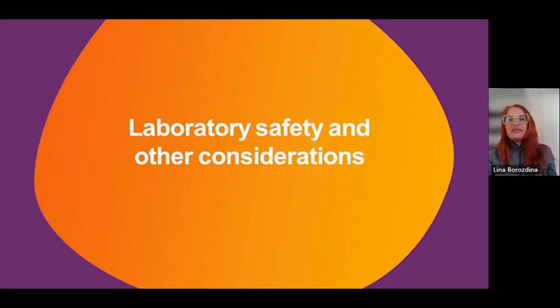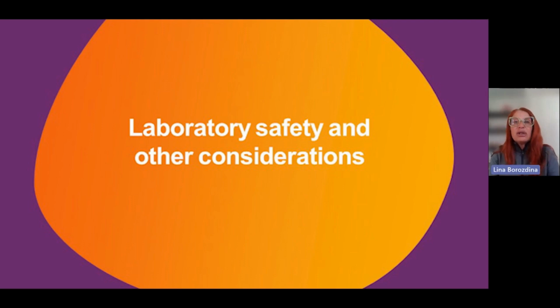So, safety and other considerations. We're all working in a lab. We all have to deal with the fire marshal, with OSHA, with your own internal safety. And this is not just because somebody wants to boss you around.